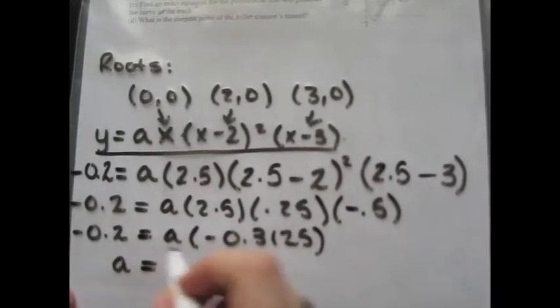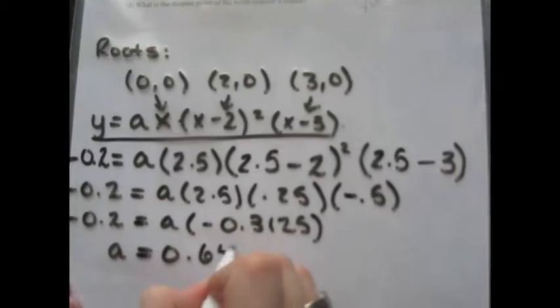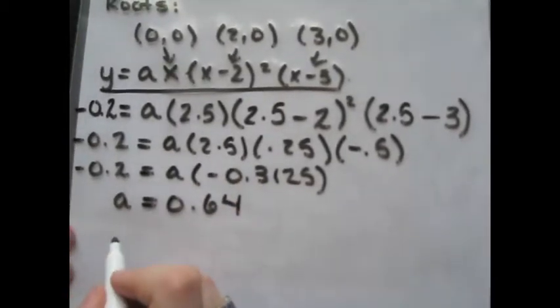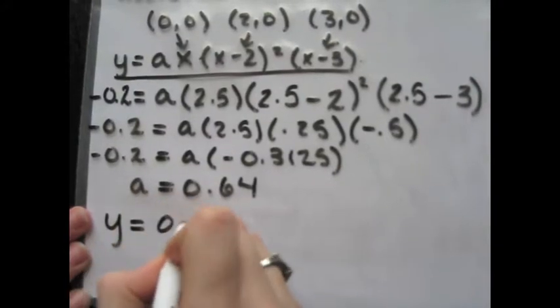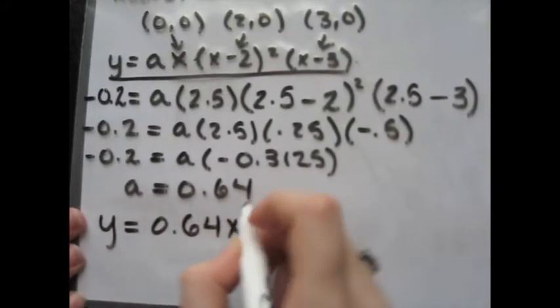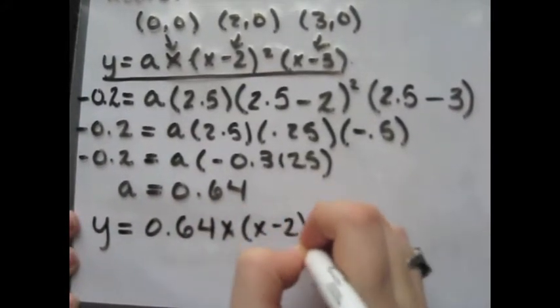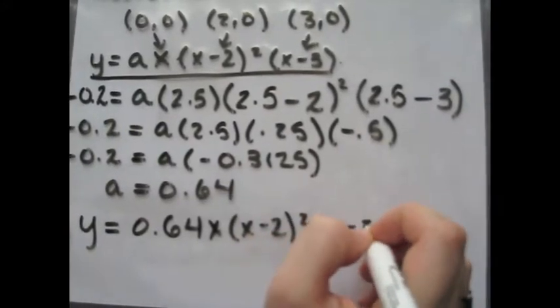So we get a equals 0.64. Now the exact equation for the polynomial is y equals 0.64x times x minus 2 squared times x minus 3.